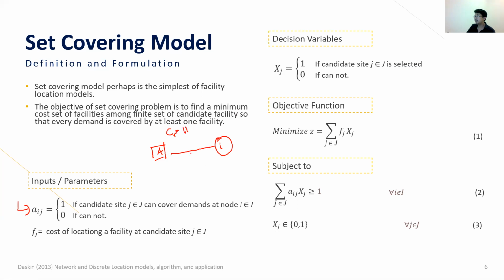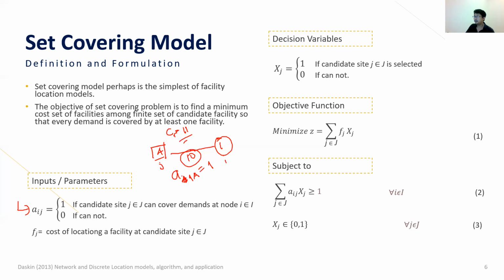If the distance from A to 1, the shortest path, is 10, then the input parameter Aij, where I represents the demand node and J represents the facility, so A1A is equal to 1, because the distance is 10, less than 11.